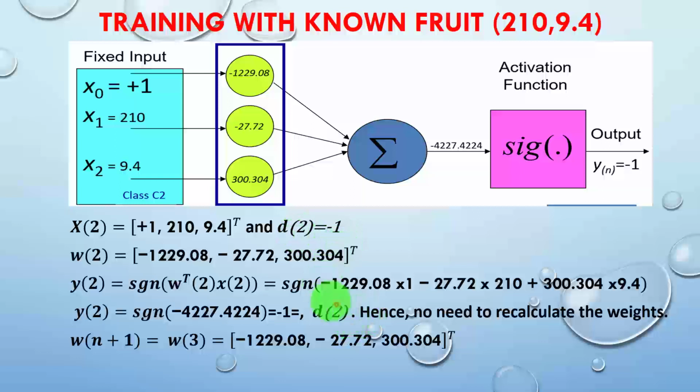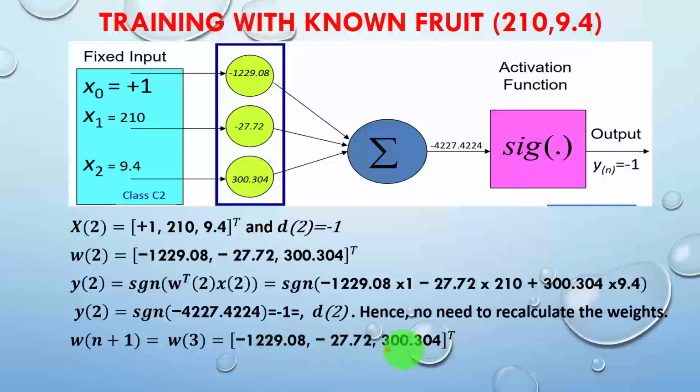Again, I will not repeat the same process. We'll just plug in the values and see what we get. So we get the signum, or the sign, of this negative value, which is -1, which is equal to what we expect. So hence no need to recalculate the weights.